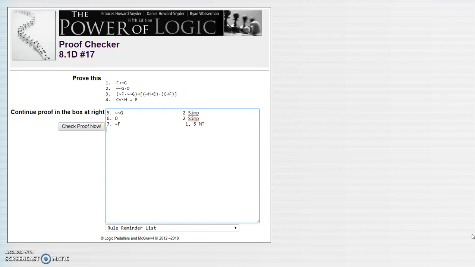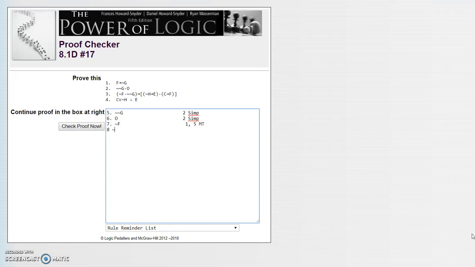Okay, now notice something else. We've got not F, and we've got not G. If we put those together, those would be the antecedent for that conditional in line 3. So let's do that.